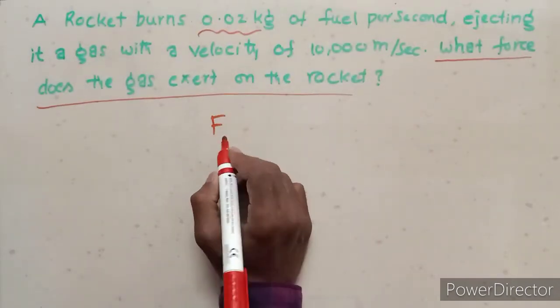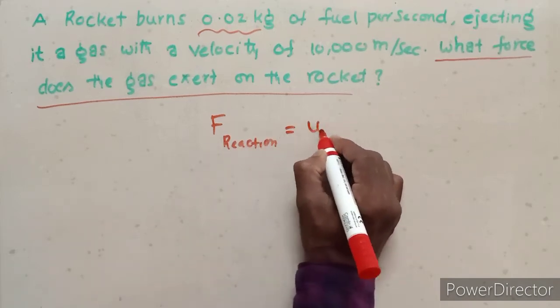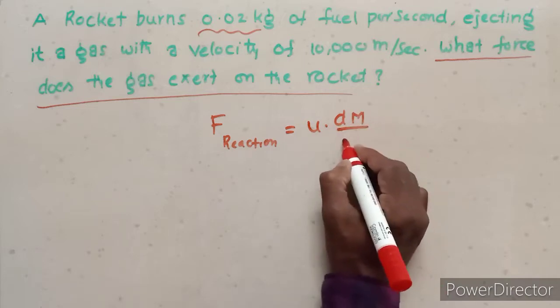So that formula is F reaction equals U dm upon dt.